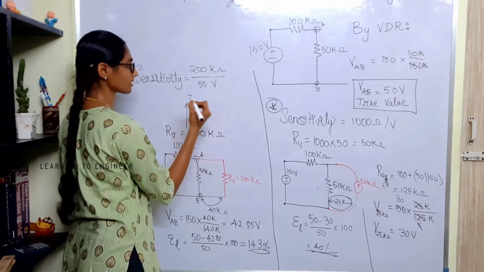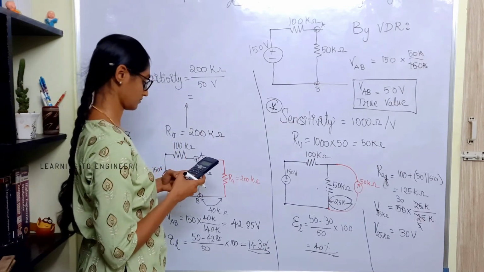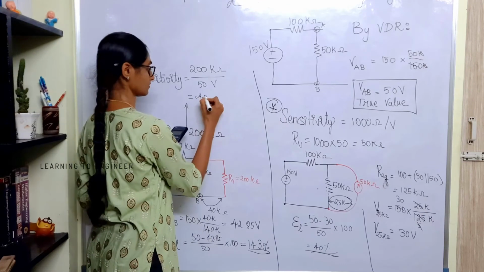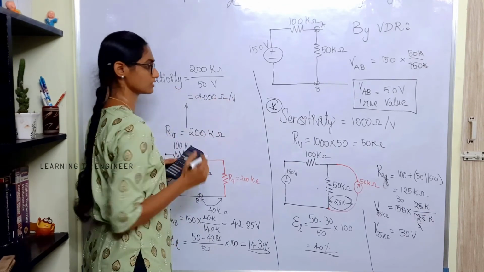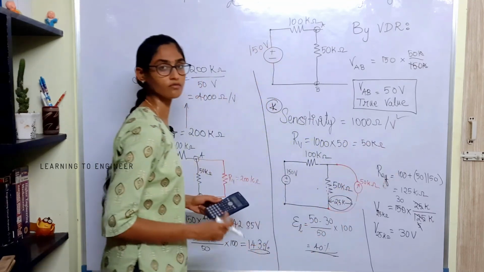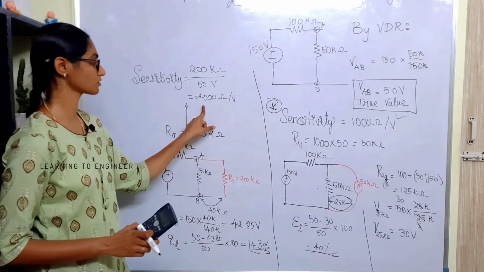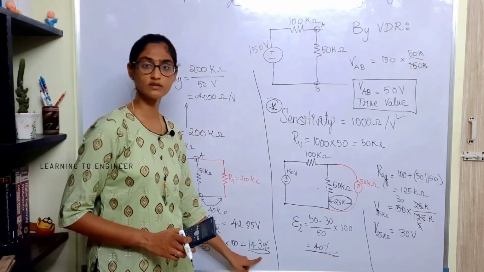What is the modified sensitivity? 4000 ohm per volt is the modified sensitivity. Earlier, the sensitivity was just 1000 ohm per volt. It should be 4 times that, which is 4000 ohm per volt, in order to get an error of 14.3%.